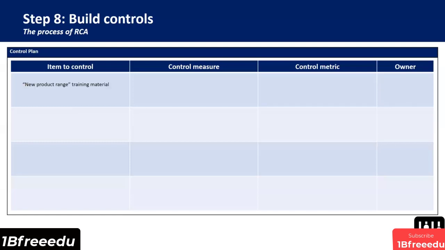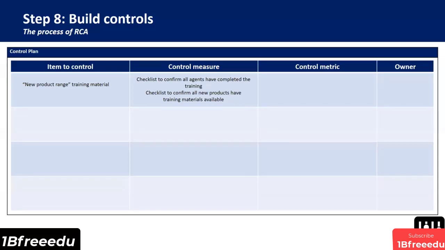So item to control, new product range training material. So we know that we need to identify new product ranges. We need to build out training material for that. We need to ensure that new product range training material is built every time and it's up to date. The control measure here, checklist to confirm all agents have completed the training, checklist to confirm all new products have training materials available.